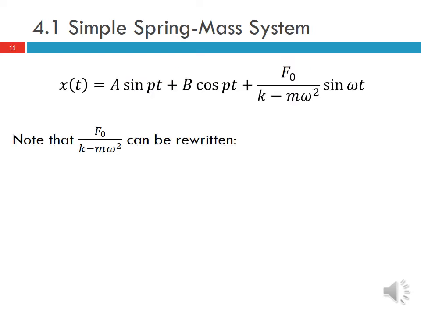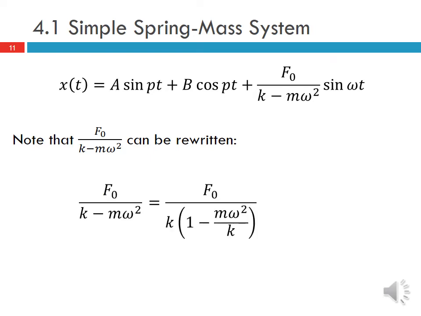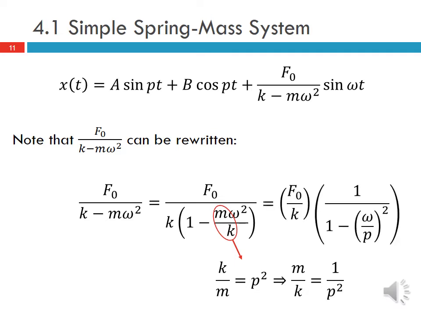So now we can rewrite this f naught over k minus m omega squared in a slightly different way that makes things a bit more convenient. So we can factor out the k here, and we know that k over m is equal to p squared, so that means m over k is equal to 1 over p squared. So we can write this as shown here.